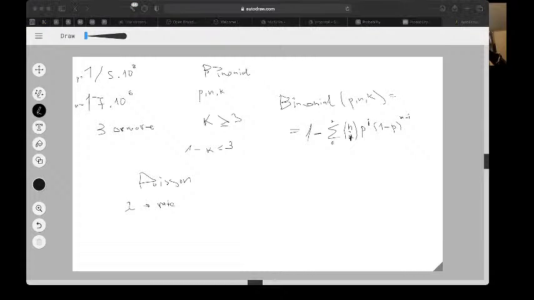And the rate of the event is n times pi, n times the probability. The important part is to realize which ones are the values, and then just fill in the formula for binomial and for Poisson.